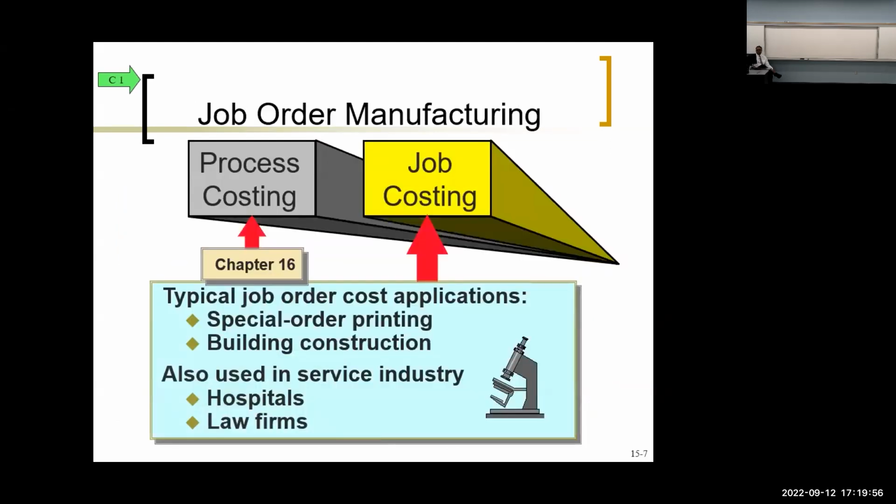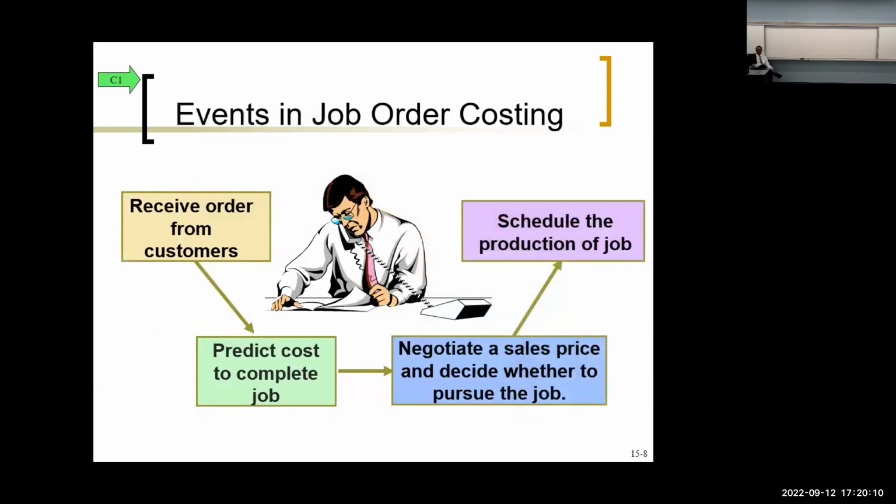Also, you could use job costing for services like hospitals and law firms. But for what we're going to do today, we're going to look at it for big items. What happens when you are conducting job order costing?